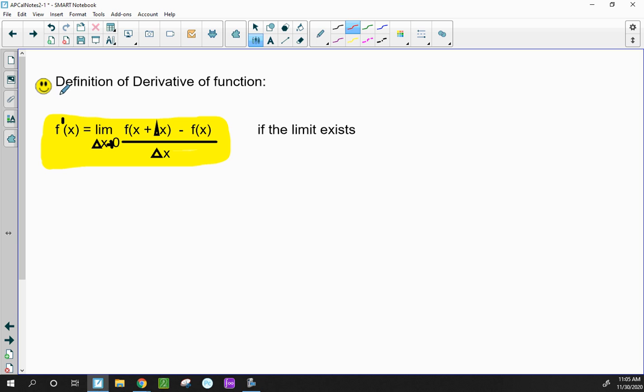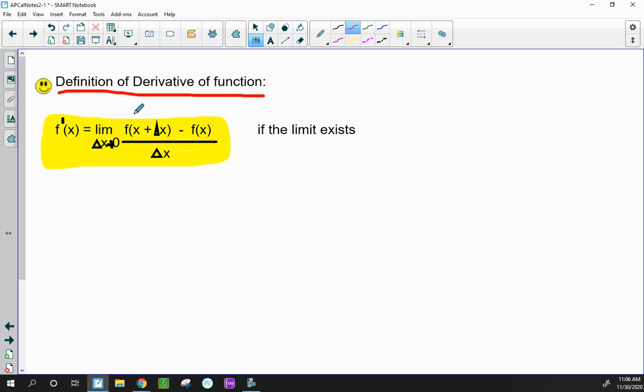Okay, we're going to go back and review something we did in the last set of notes, which is the most important part of this section: how to find a derivative using limits and how they're connected. So it's the definition of a derivative of a function. To find my f prime of x, which is derivative notation I shared with you on the last slide, the definition of a derivative is the same thing as the limit as delta x approaches 0 of, and remember this is the fancy calculus way of writing slope, y minus y over x minus x.